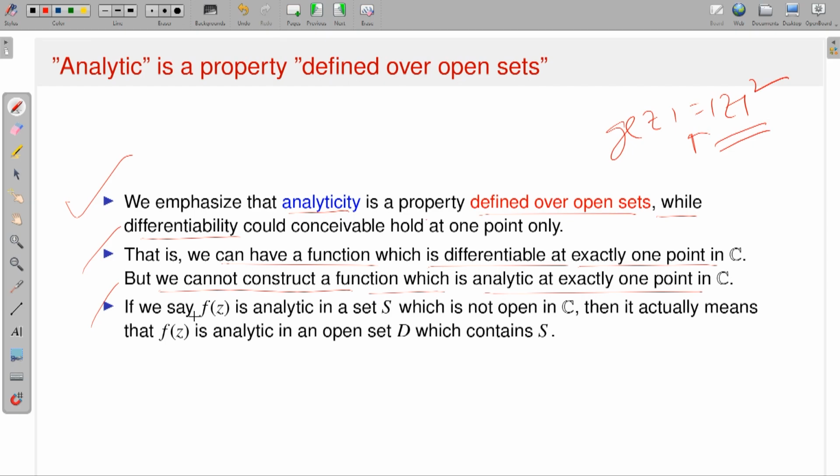Now suppose I start with some set which is not open in C. If I say that f(z) is analytic on that set, what is the meaning of analyticity on that set?